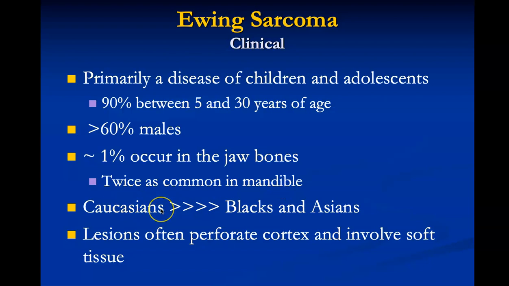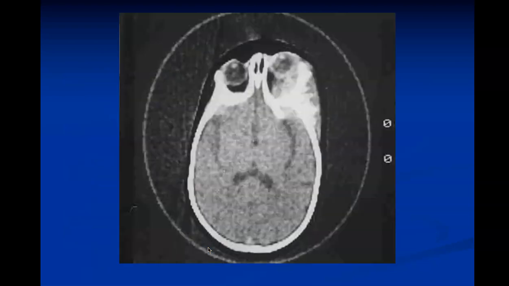It's seen more commonly in Caucasians than in either blacks or Asians, and the lesions will often perforate the cortex and grow into the soft tissue surrounding the bone, which is a problem because the reconstruction aspect of the surgery becomes more difficult.